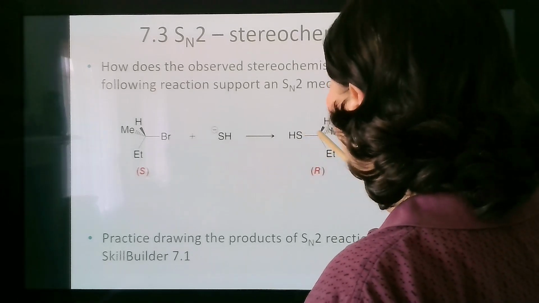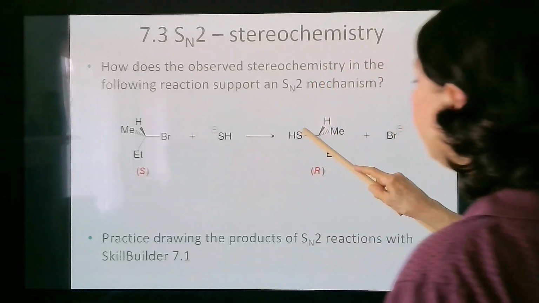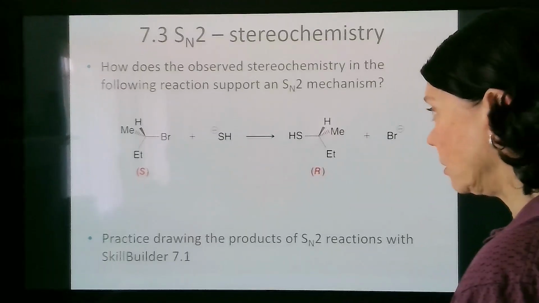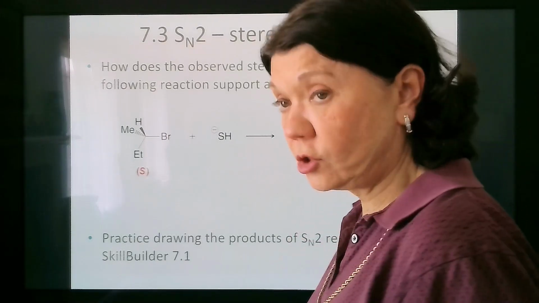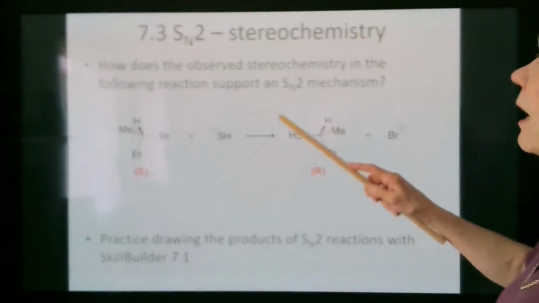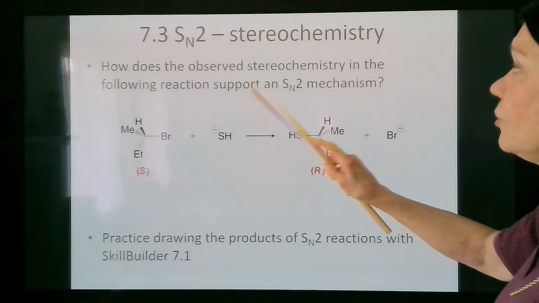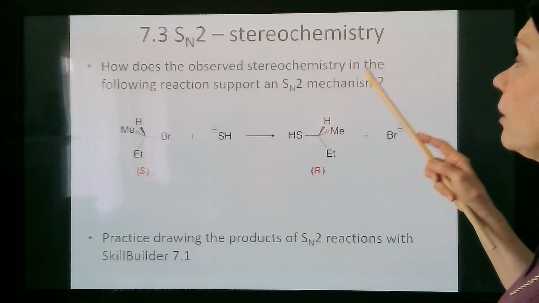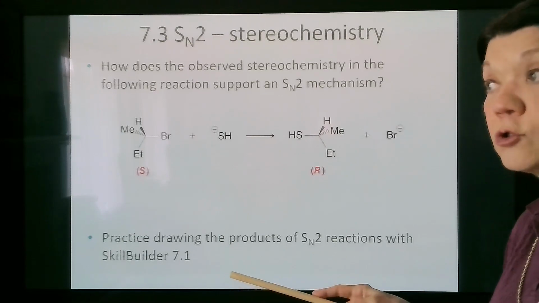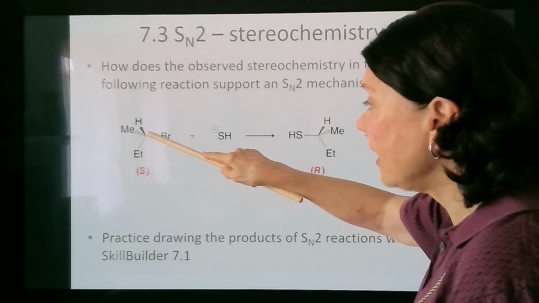And so then you have the carbon-sulfur bond formed, and the carbon-bromine bond has broken. So the question there is, how does the observed stereochemistry support the SN2 mechanism? In other words, how does it prove or support backside attack?